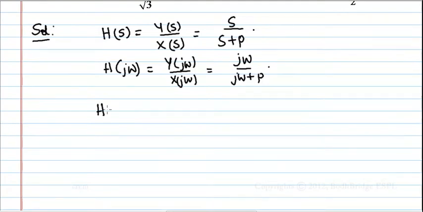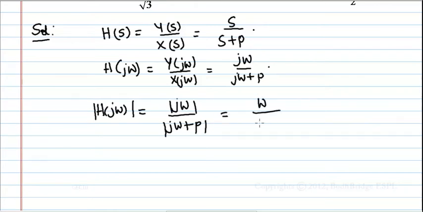That is, we need to find |H(jω)|, which is |jω| / |jω+p|, which comes as ω/√(ω²+p²), because the magnitude of a+ib is nothing but √(a²+b²).